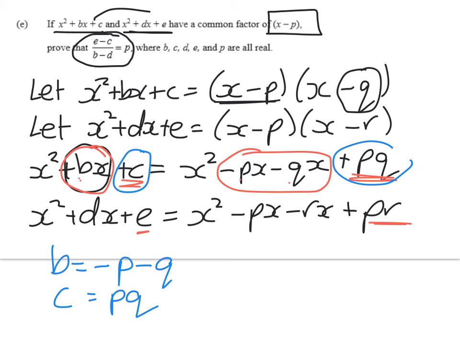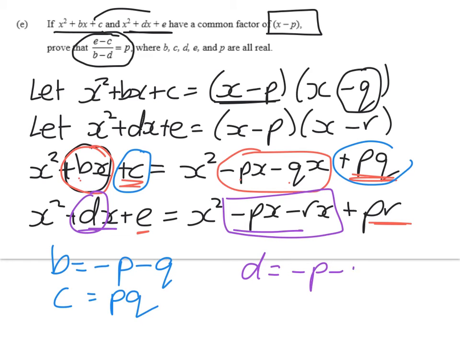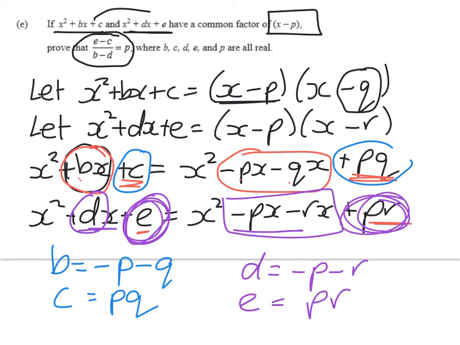In the next one, we'll just change pen colour, we'll go for purple. So d of x has got to match up here, so we get d is equal to negative p minus r, and e has to match up to pr. Right, and now we're going to prove that this equals this.